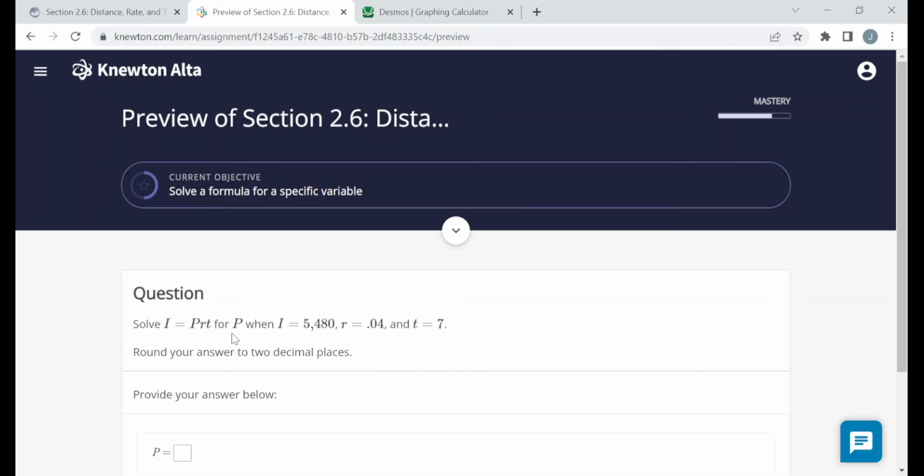Solve it for P when I equals 5,480, R equals 0.04, or 4 hundredths, and T equals 7. And you're asked to round your answer to 2 decimal places. So we might be using a calculator here, but let me start off with that formula first.